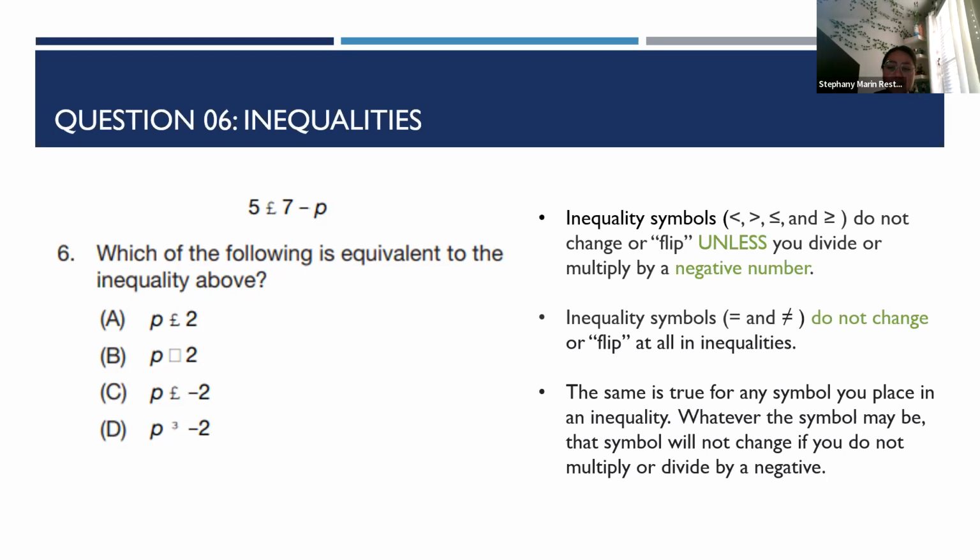The same has to be true for any symbol that you place in an inequality, whatever that symbol may be, and in our case, it's the British pound sign. This rule must hold if this is an inequality. The British pound symbol should not change unless you divide or multiply by a negative number.